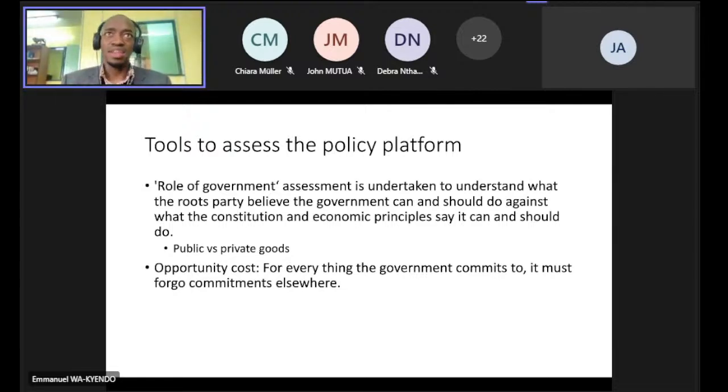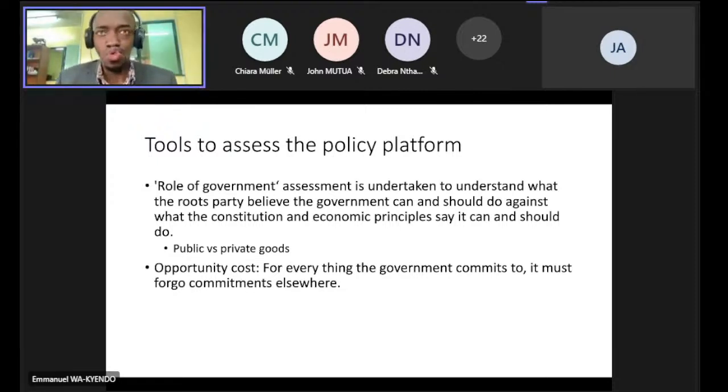On the economic side, economic theory tells us that there's a distinction between public and private goods, and that the job of the government is to provide public goods. In addition, there are specifications that the Constitution makes, for example, education and health, that the government is obliged to supply. They should supply services in education and services in healthcare.